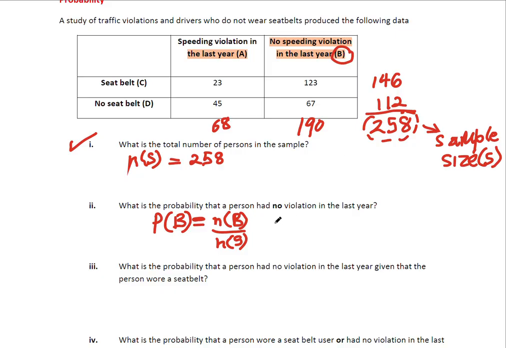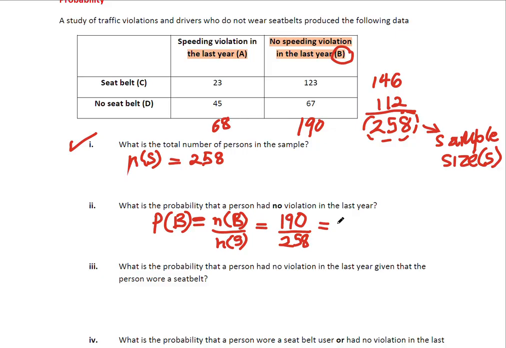So here we will get the number of persons in B divided by the number in the sample space. The number of persons in B is 190. That is the number of persons who had no speeding violations in the last year. So that will give us 190 divided by the total sample size of 258. So the probability that a person had no violations in the last year is 190 over 258.